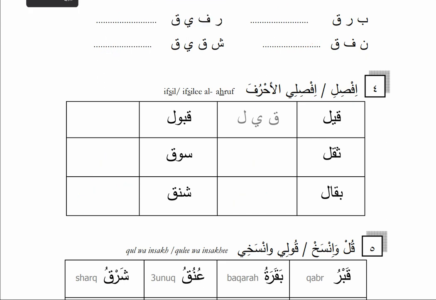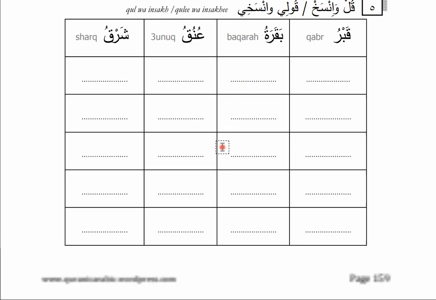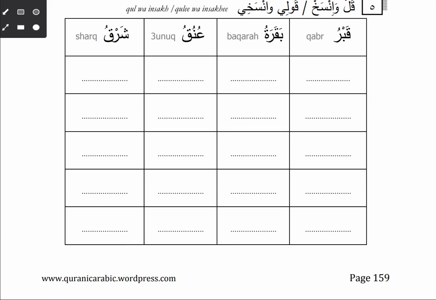So let's see the last portion as writing the vocabs for qaf. Qaf, ba and ra. Qabrun, it's a shaking letter. Ba, qa and ra. Ba, qa, ra and ta marbuta. We will do this in the last unit.